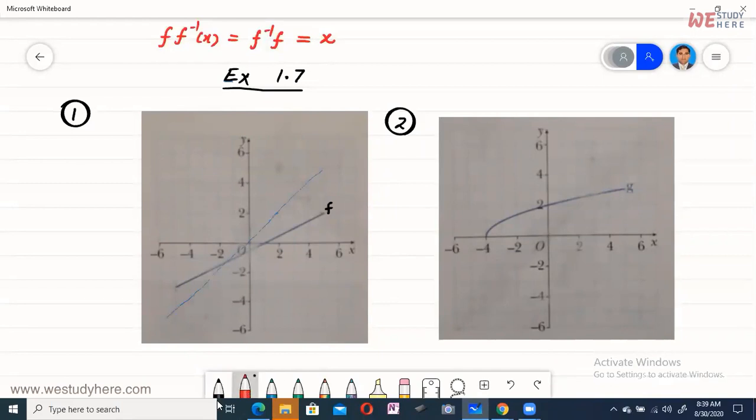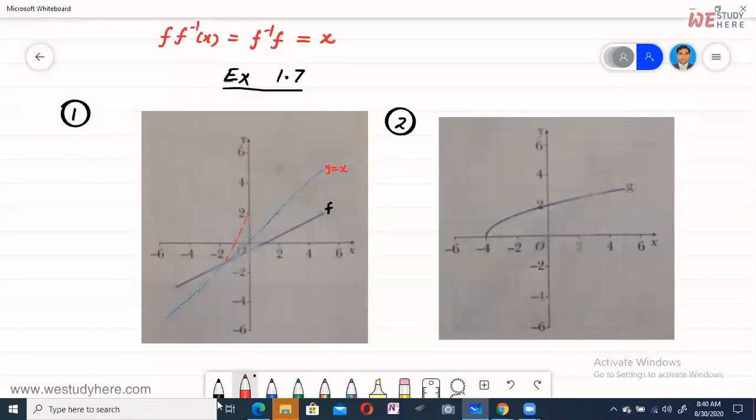Now graph will be the graph of f inverse.